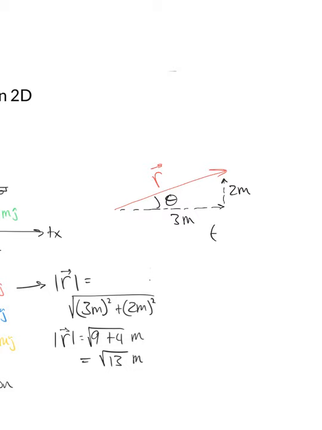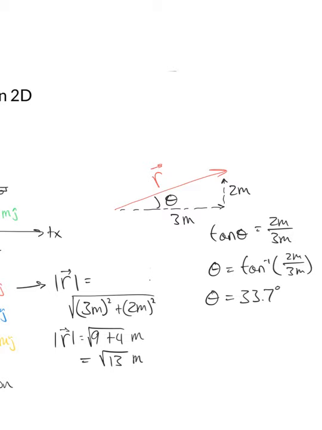And I know that the tangent of my angle theta must be 2 meters over 3 meters. So I can say that theta is the inverse tangent of 2 meters over 3 meters. Plugging this into the calculator gives an angle of theta equals 33.7 degrees.